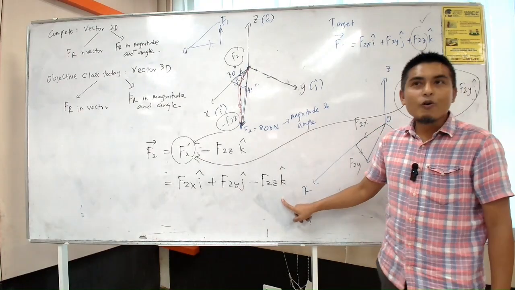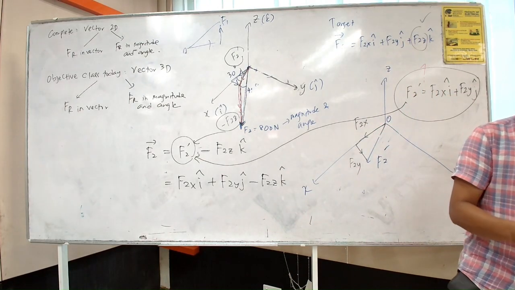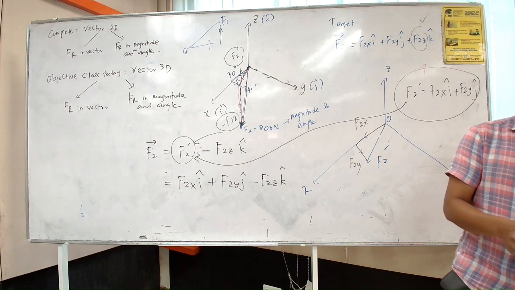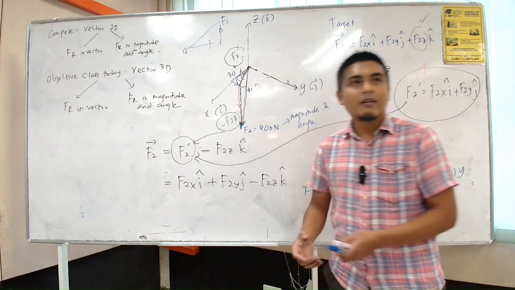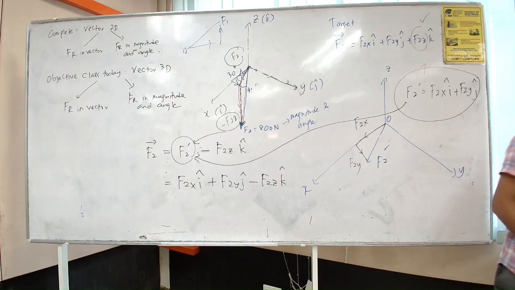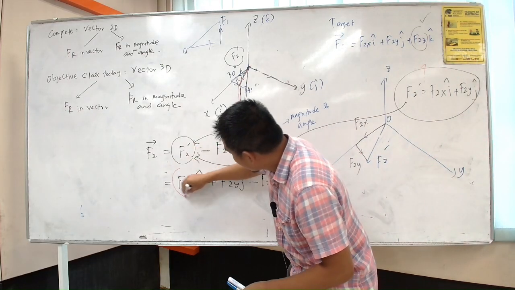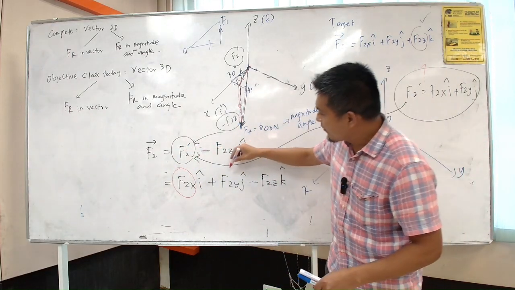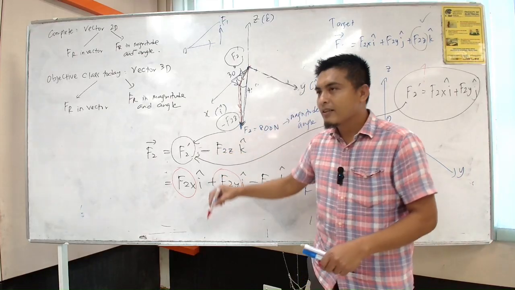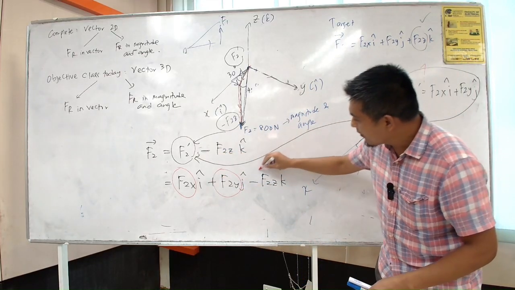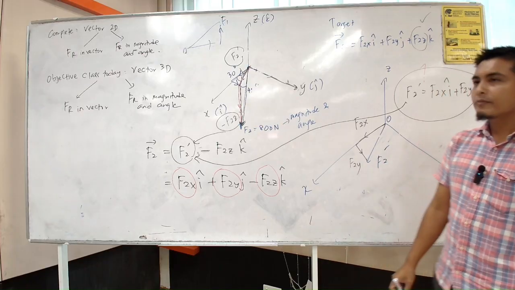Okay. So what is our next task? We need to find the value, right? Value of F2X. We need to find the value of F2Y, you need to find the value of F2Z. Okay.